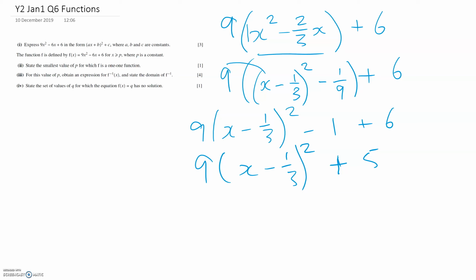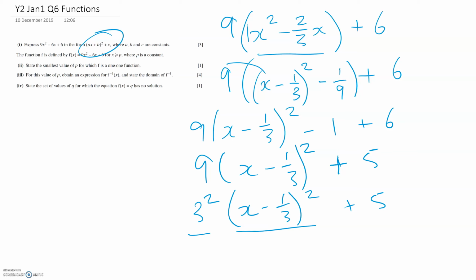Now, as you can see, this isn't quite in this form yet, so we want to write 9 as 3 squared, which looks like this, and since we're squaring this and we're squaring this, we can now write this as (3x minus 1/3) all squared plus 5.